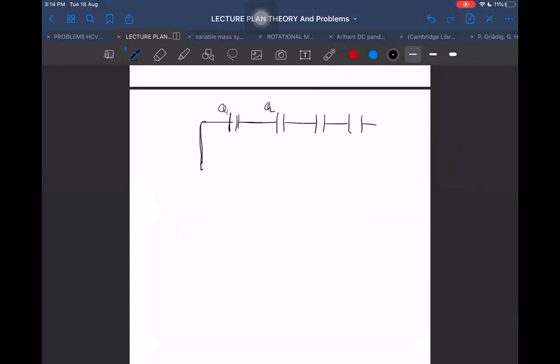Some are on the same side, some are in the opposite direction, minus Q3, minus Q4. And then I used to say that there was a switch which is closed. Then what will be the final charge? Can you do this question? Capacitances are C1, C2, C3, C4. How did we used to do such a question? If you remember it, then you can tell me.